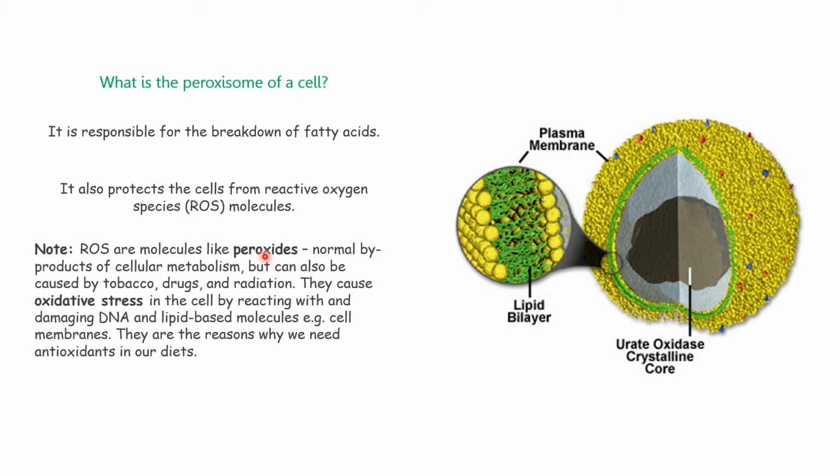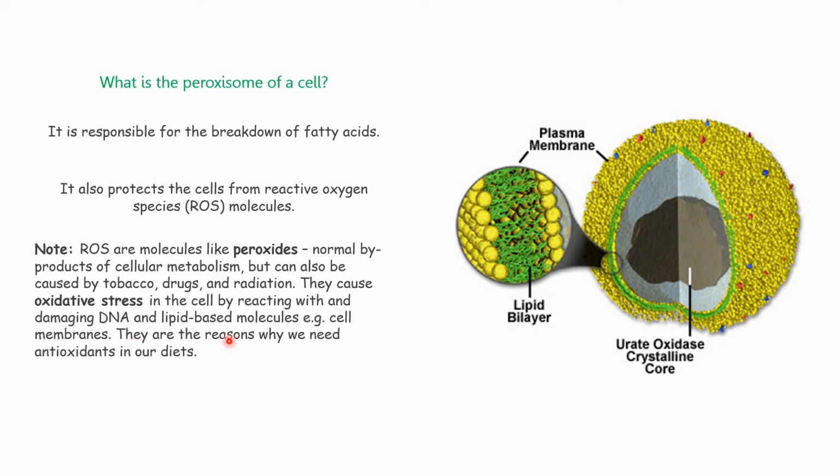malalaking amounts of peroxides. Ang nangyayari kasi peroxides, they cause oxidative stress in the cell. Ang ginagawa nila is nagre-react sila by damaging the DNA at iba pang mga lipid-based molecules. Say for instance, ang cell membrane, dinadamage ng mga peroxides ang cell membrane, dinadamage ng peroxides ang DNA.